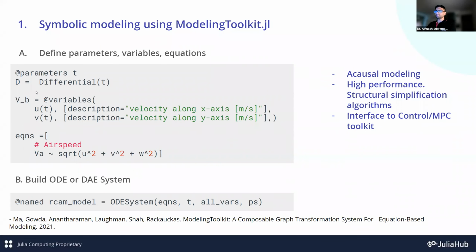So generally, the procedure based on domain knowledge would be to begin by defining parameters, variables, and equations. So we would define parameters using the @parameters macro of Julia, and variables using the @variables macro, and the set of equations.